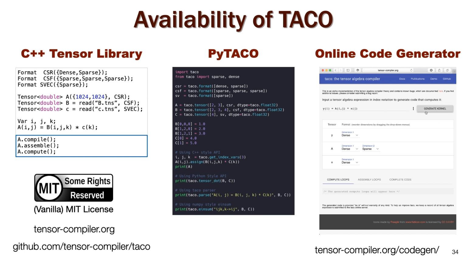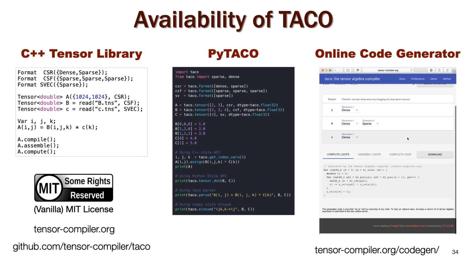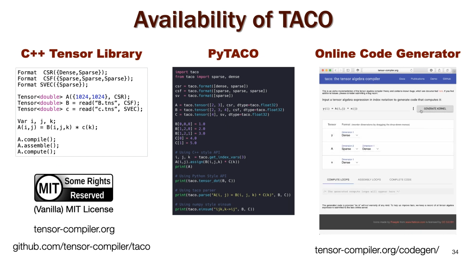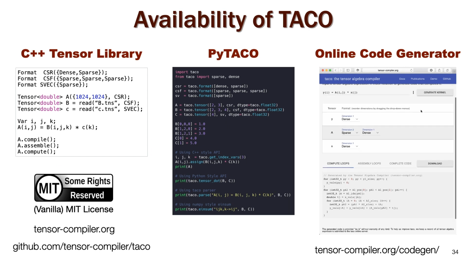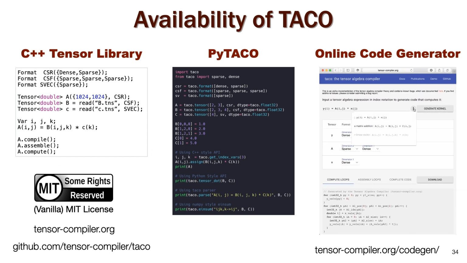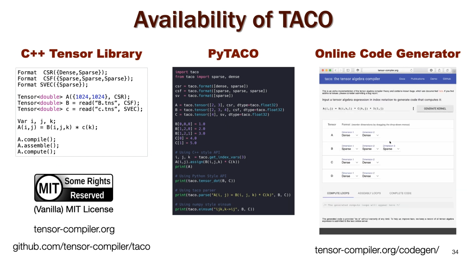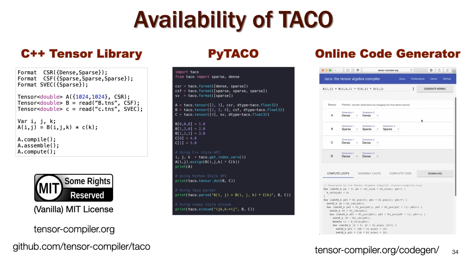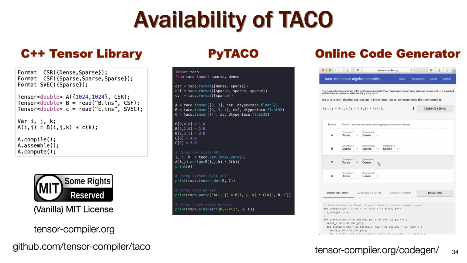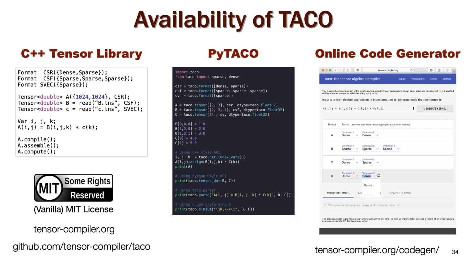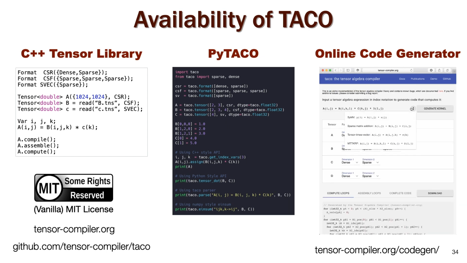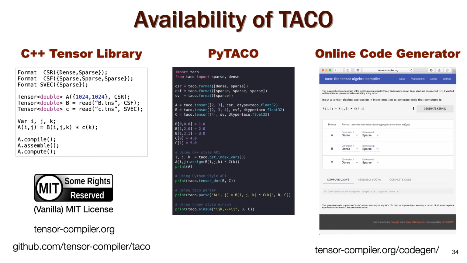We also have a Python binding for this. Finally, we have this online code generator where you can write your own expression, give the formats in there, and it will generate the code. What we find is many data scientists who have some computation they want to perform, instead of using the library or something like PyTaco, will go here, write the exact expression they want, generate the code, and then cut and paste that.